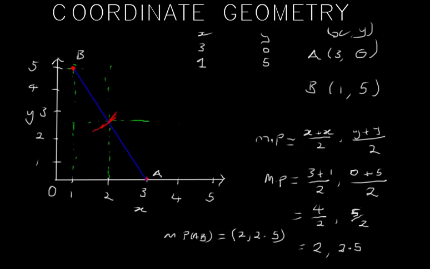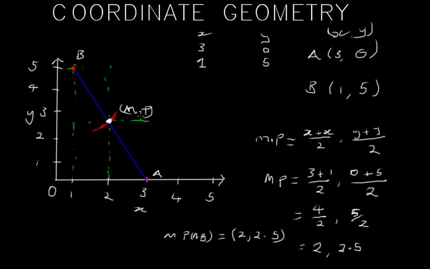So therefore, the midpoint is that point where these two lines are intercepting, which is MP. So this is quite straightforward.